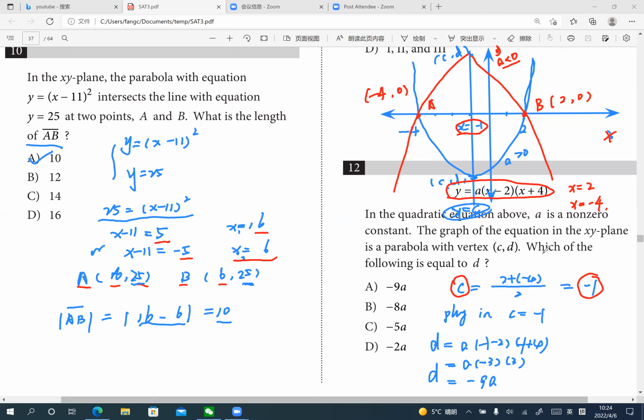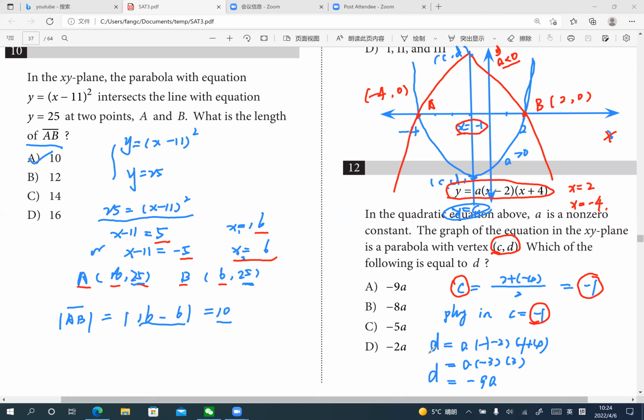The question is, which of the following is equal to D? They give us the vertex coordinates C and D, so we just need to plug in the vertex coordinates. Since we already know the value of C is -1, we plug in C equals -1.